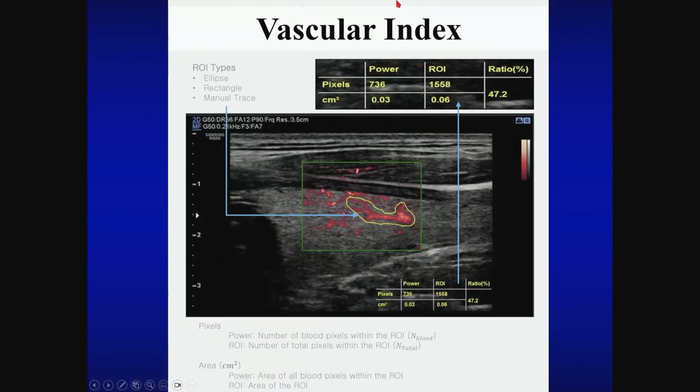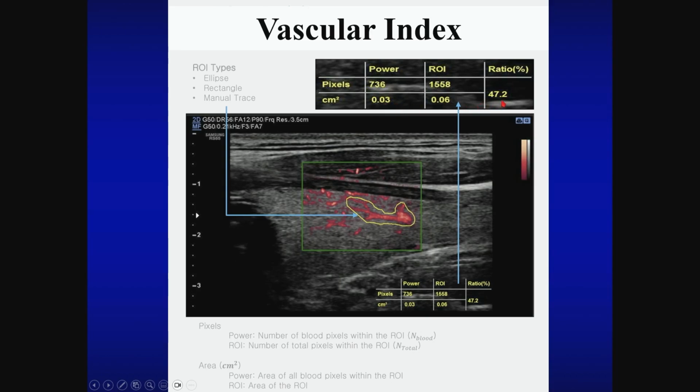And finally, let me show the vascular index. Here is some vascularity, and the area of this ROI is presented as 0.06, and the vascular area, vessel signals, are presented as 0.03.